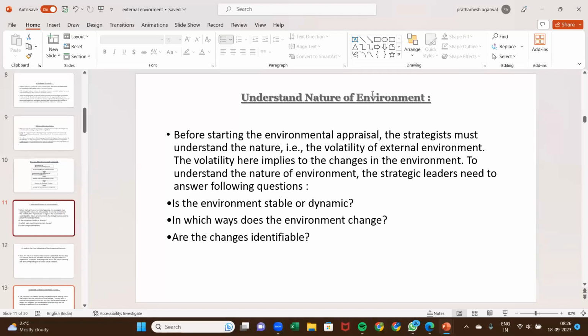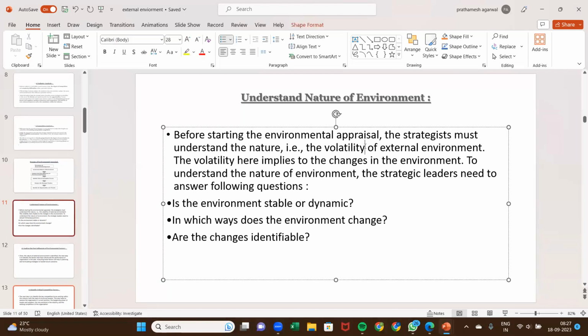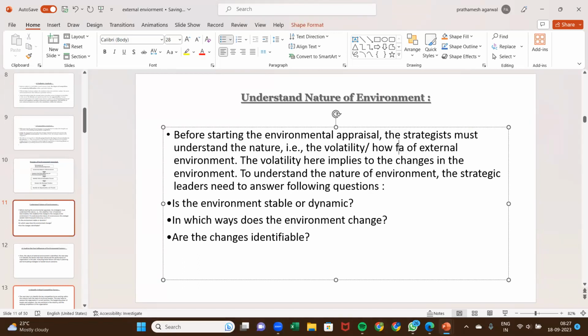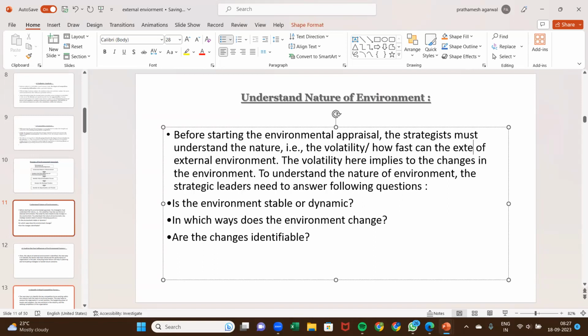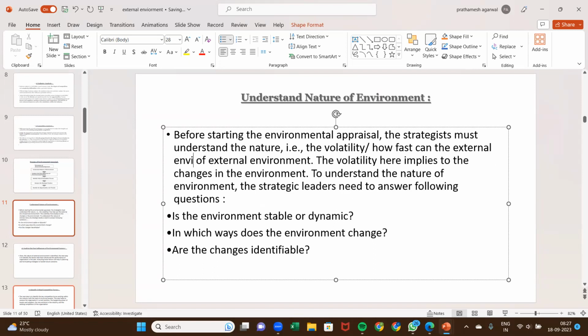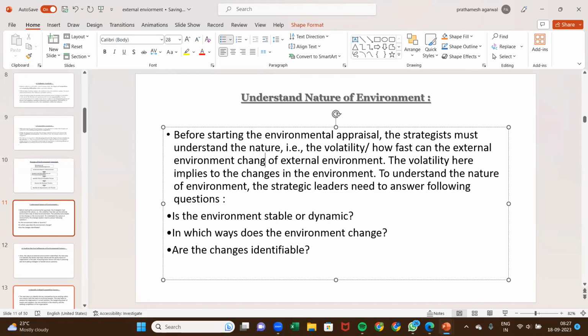Then understanding nature of environment. Before starting the environmental appraisal, the strategist must understand the nature, that is volatile. Volatility means how fast it changes. How fast can the external environment change?